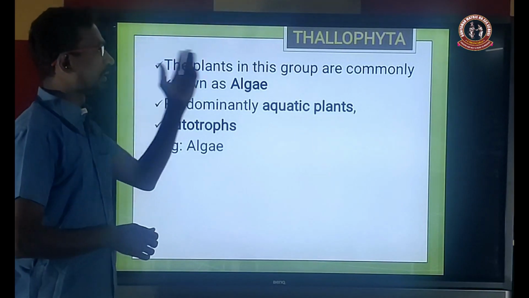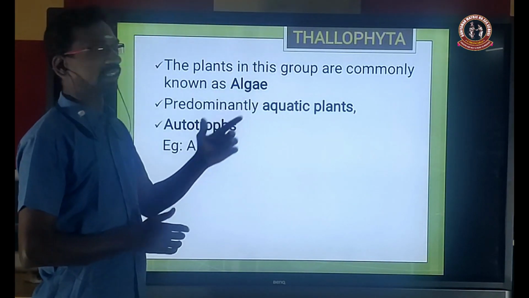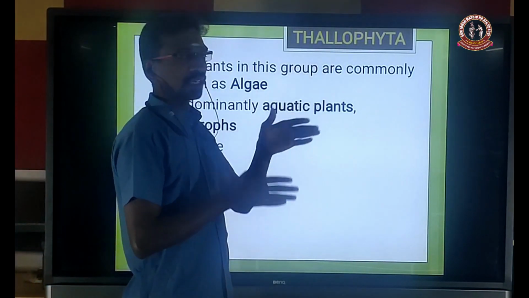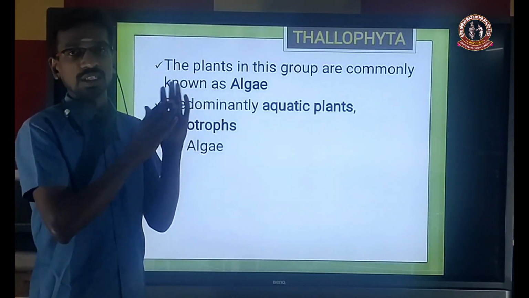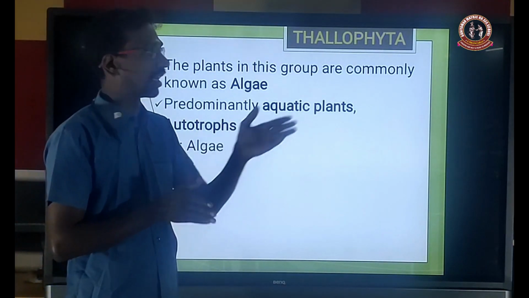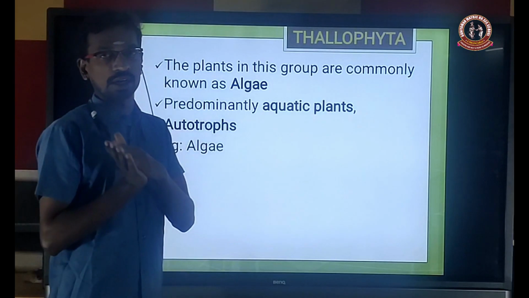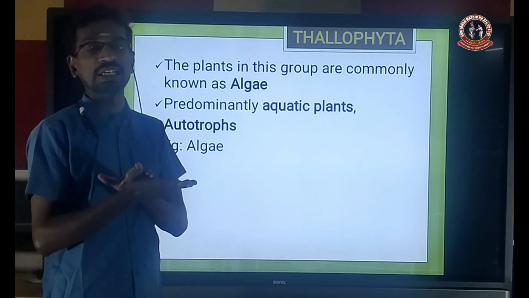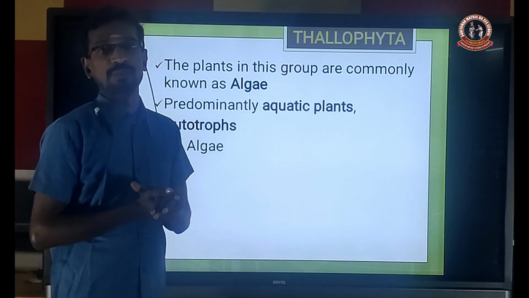Next, the plants in this group are commonly known as algae. Mostly the Thallophyta are algae and fungi. Previously the algae and fungi were classified under the Thallophyta, but nowadays, according to Whittaker, fungi are given a separate kingdom.